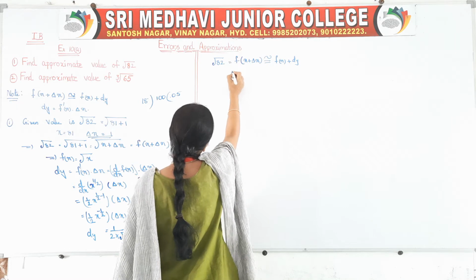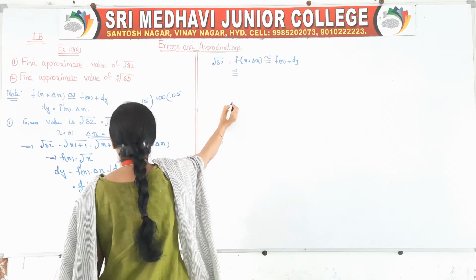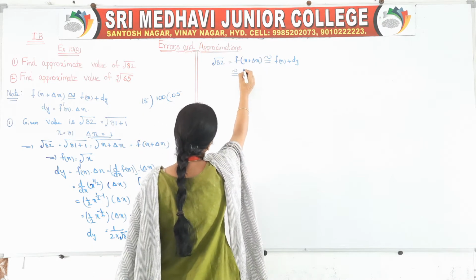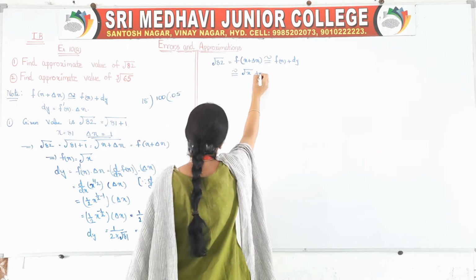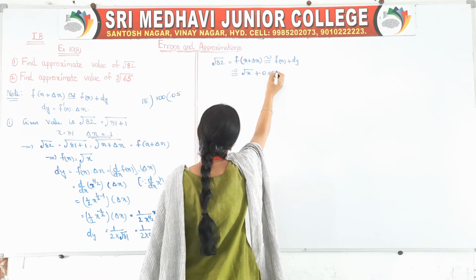What is your f of x? It is root x, plus dy, which we got as 0.05.